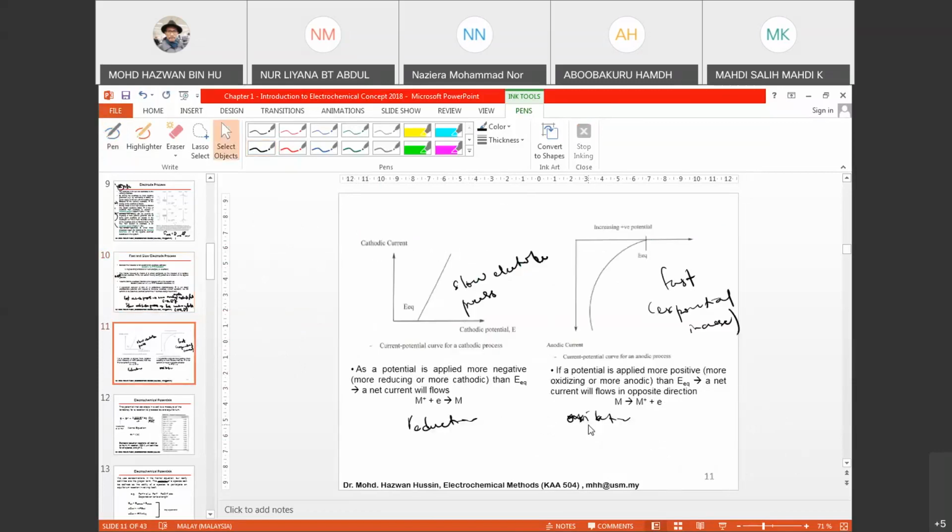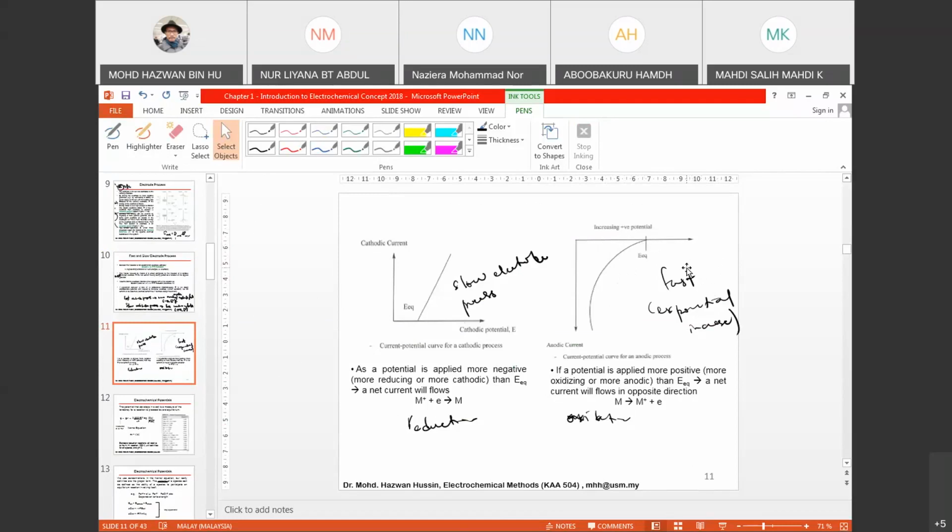So when you see over here, this is not actually the response of the standard potential, but the response during the measurement of the electrochemical series.